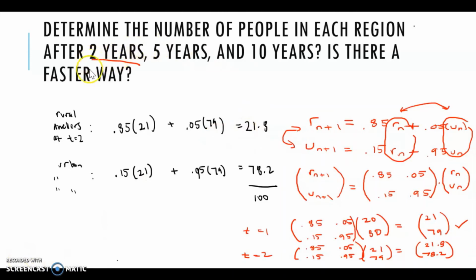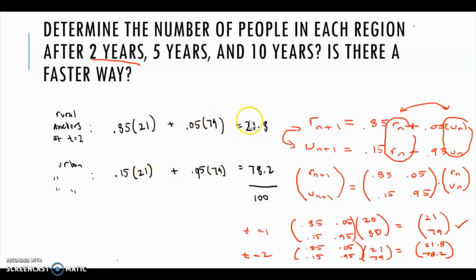Now, to determine the number of dwellers after 5 years and 10 years, you can see how difficult this will be, because we're going to have to keep recomputing the new populations and then putting those in for the current Rn and Un plus 1. So you notice that this 21 is our Rn, and this is our Un, and here's the Rn and Un as well.